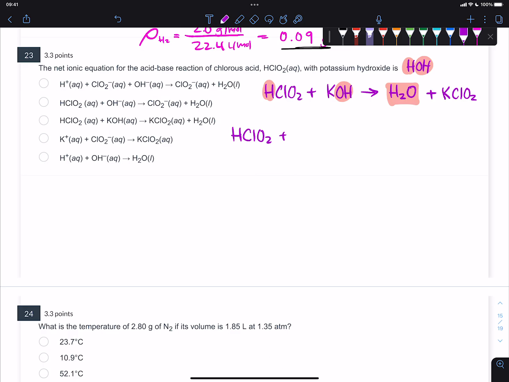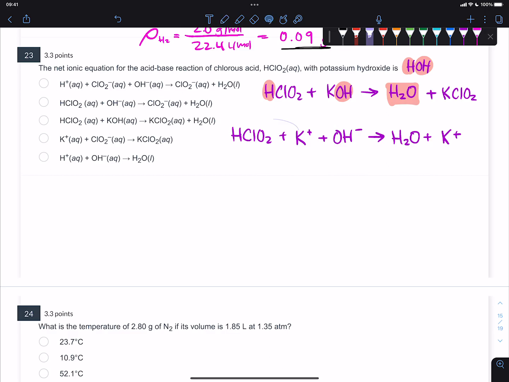HClO2. However, potassium hydroxide is a strong base. It's going to be a strong electrolyte, so it's going to be broken apart into the K plus and the OH minus. On the other side, water is just water, and potassium chlorite is going to be floating around in solution as well.